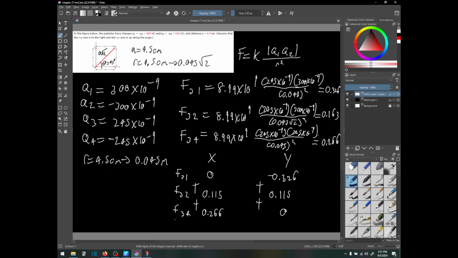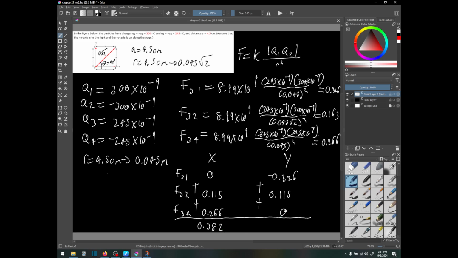So for x, we get 0.115 plus 0.266. This is going to give us 0.381, so rounding, 0.382.